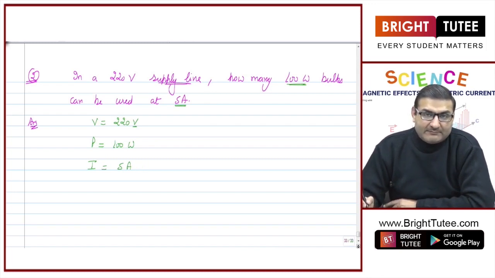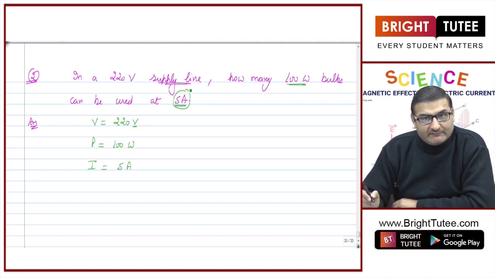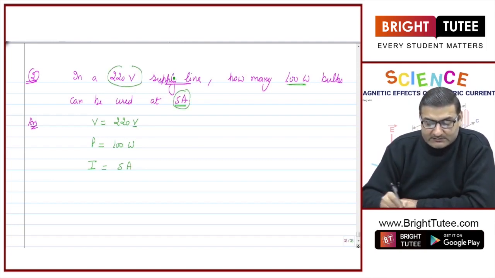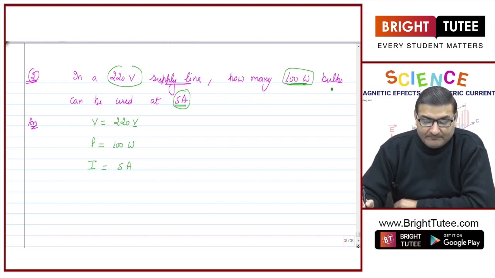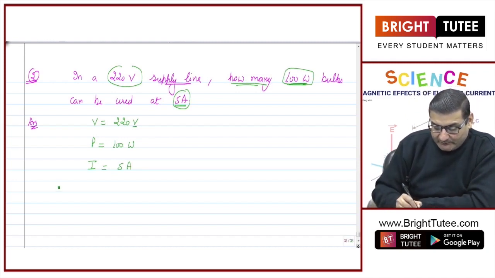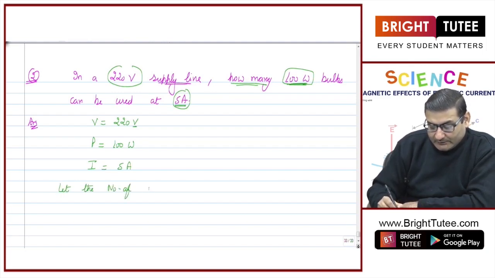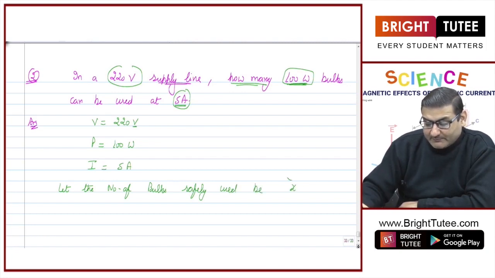Now what exactly is the examiner asking is, if we allow a maximum of 5 ampere of current at a 220 volt supply line, how many such 100 watt bulbs can be used? Got it? Whenever we get this language of how many bulbs, we always assume that the number of bulbs safely used be X, because we don't know the number.